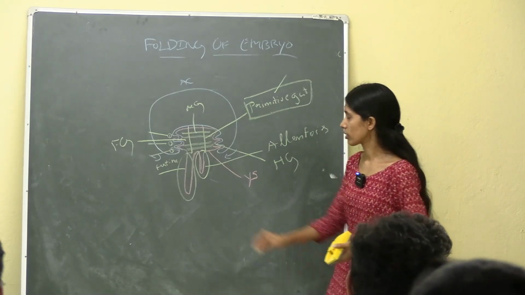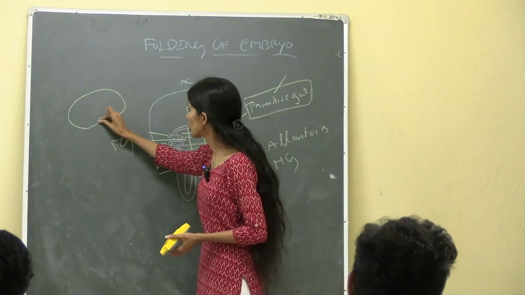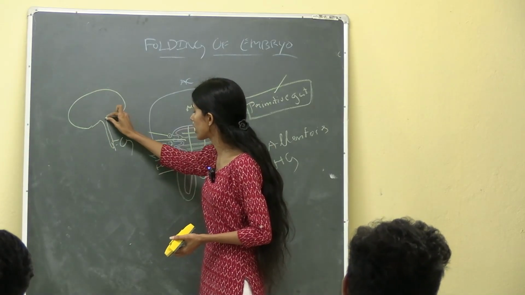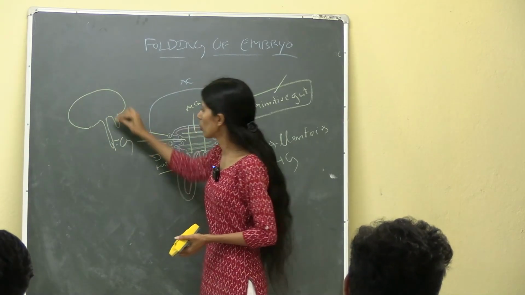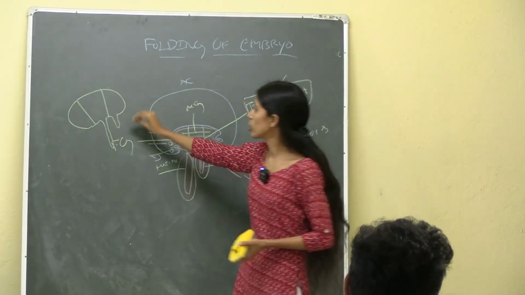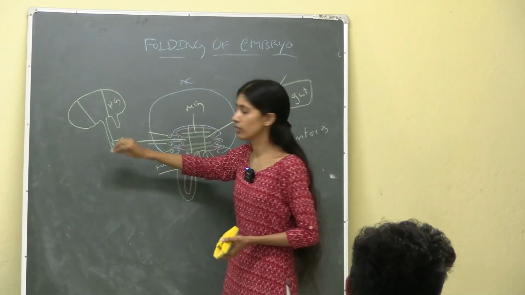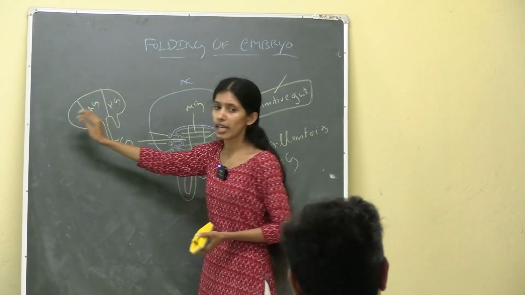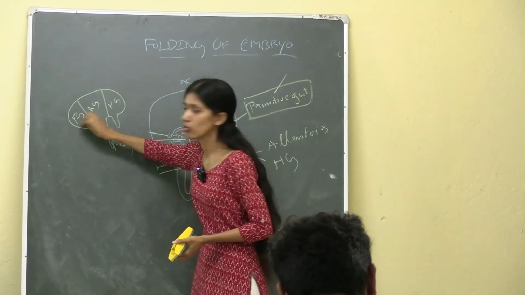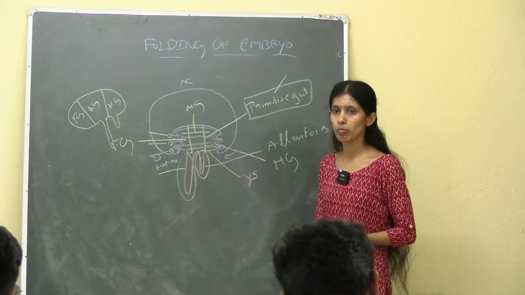This is your primitive gut. We have two structures, vitelloint­estinal duct and allantois. Your allantois will open into hindgut. Your vitelloint­estinal duct will open into midgut, and the remaining area we name as foregut. This is another way to describe the parts of the gut.